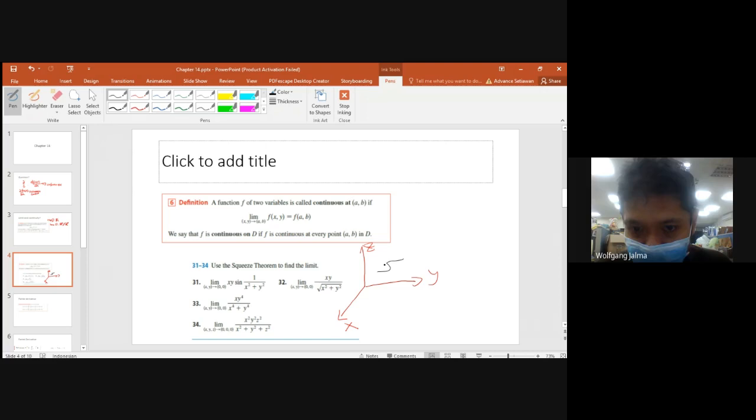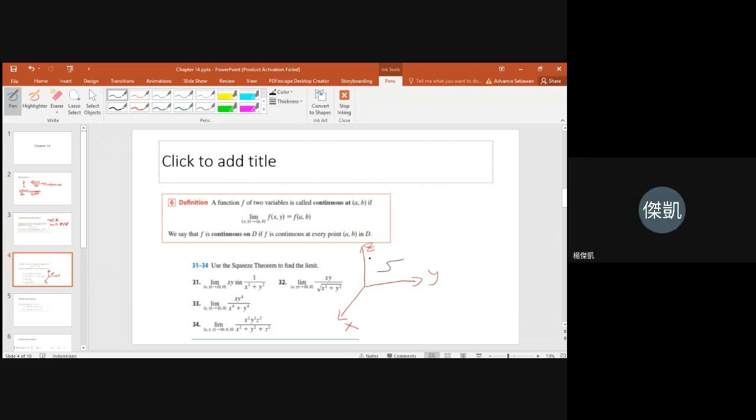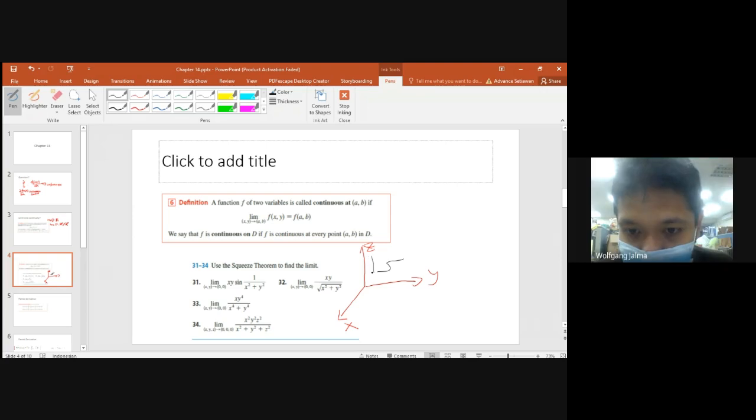You can see the black curve. For example, this is the x direction, this is the y direction.